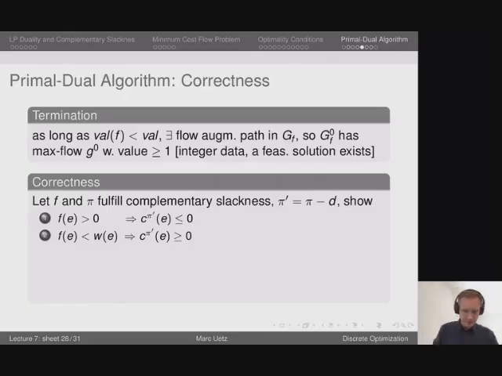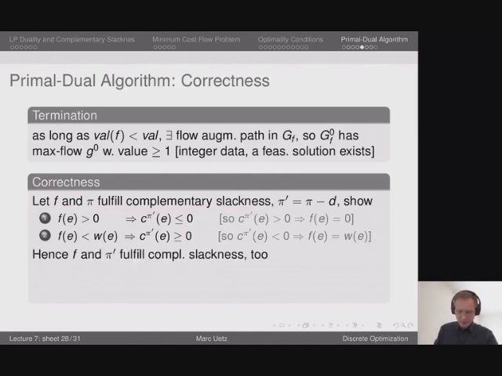Okay, so we have convinced ourselves that these two implications are correct. We started with the old flow and the old node potentials fulfilling the complementary slackness condition, and these two implications 1 and 2 exactly give me these two implications. So whenever the new reduced cost coefficient is positive, the flow must be equal to 0.